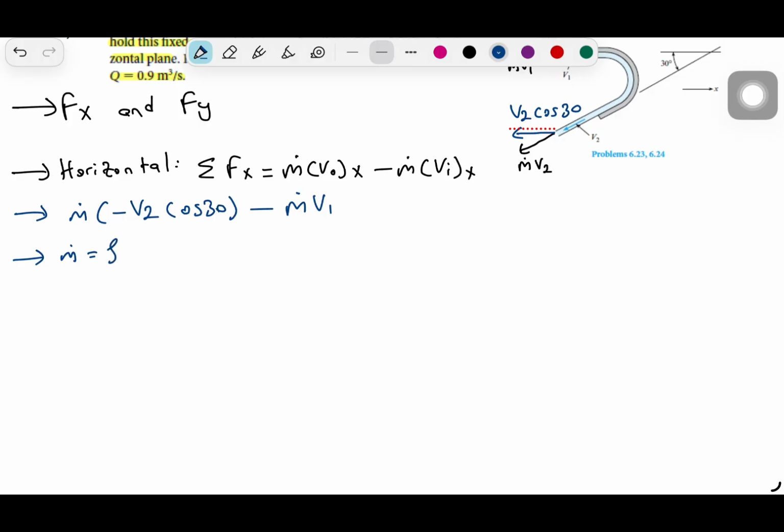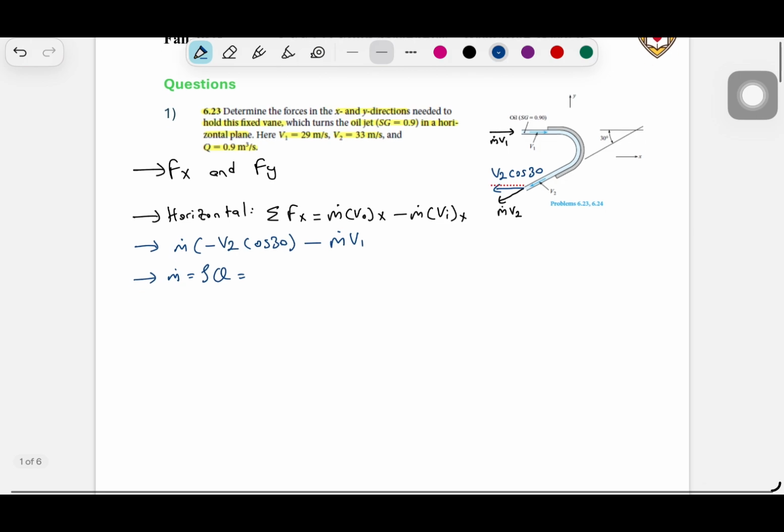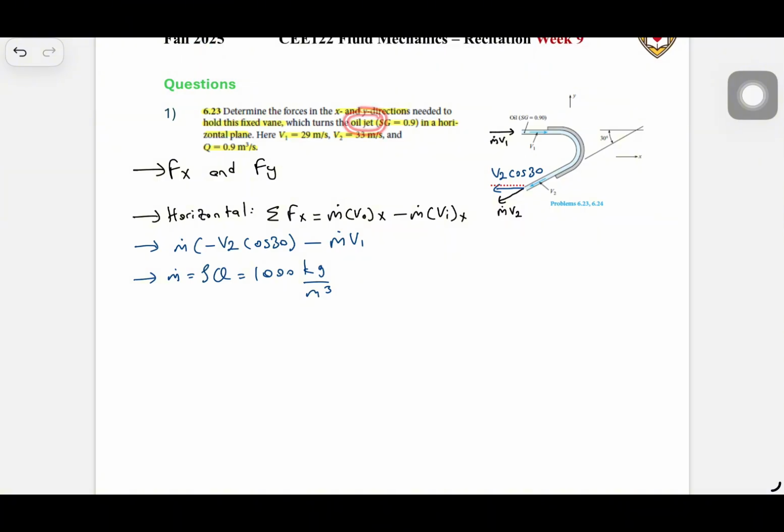So it will be rho Q, which is density times flow rate. The density of water is 1000 kilograms per cubic meter, and since this is not water, this is oil, and the specific gravity is given, we can directly multiply it by 0.9.